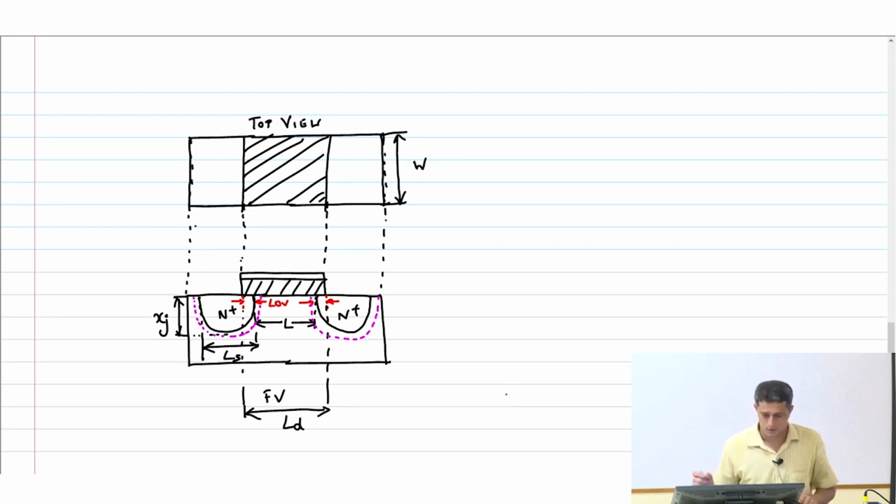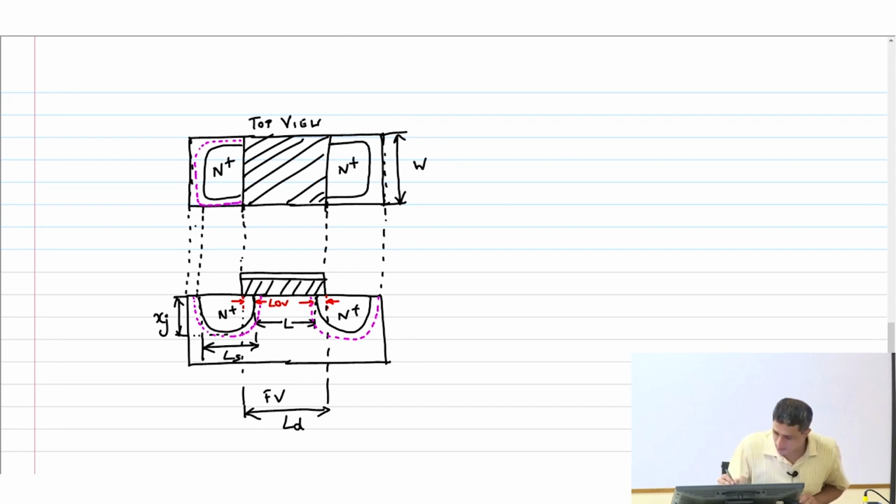If you look at this, let me just take that up further, and then I have a depletion region around it like this. You agree? This is the N plus. Similarly here also I have something like that, N plus.